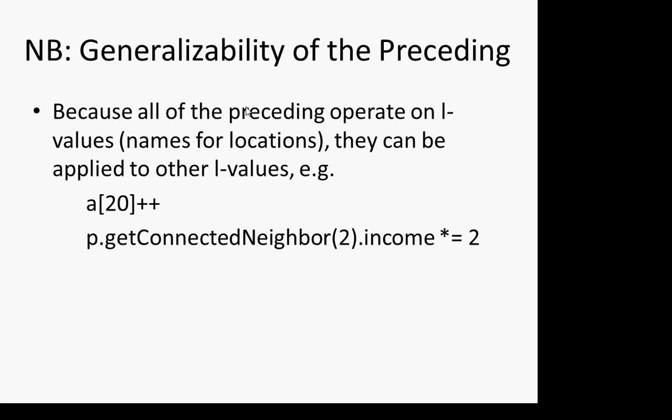Generally speaking, it's dangerous to use these as part of an expression because it's very easy to forget that this is being updated, or you can imagine accidentally repeating it twice and having plus plus on two separate subcomponents of it.